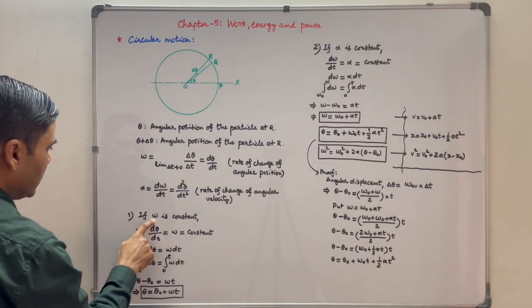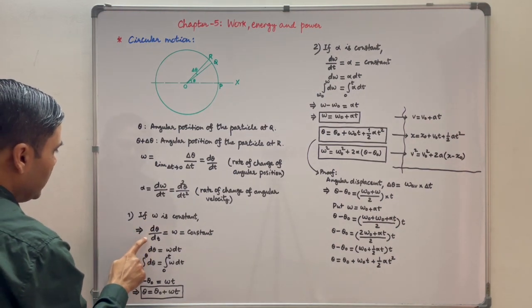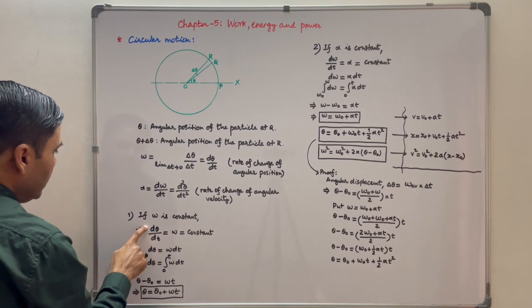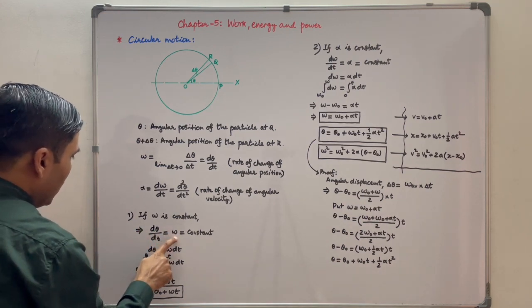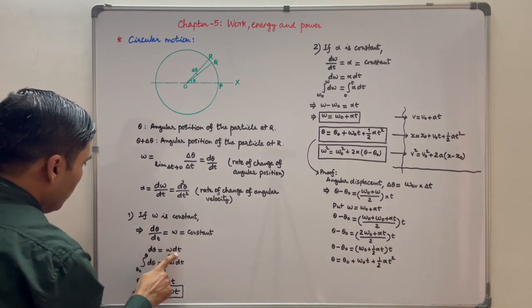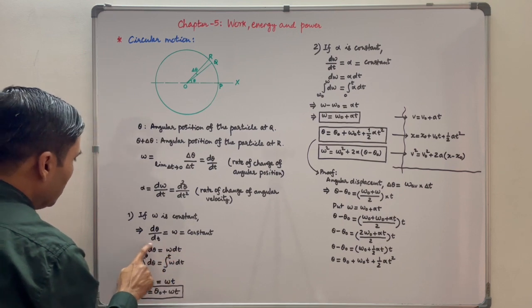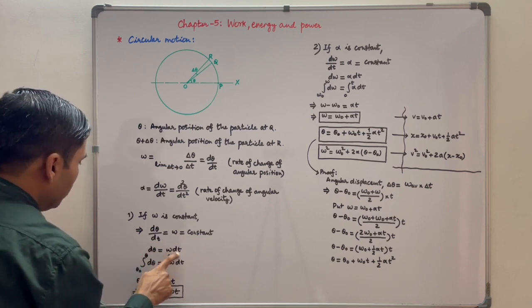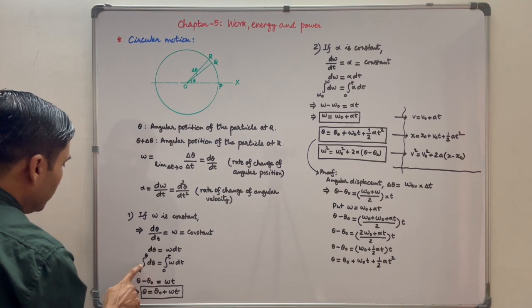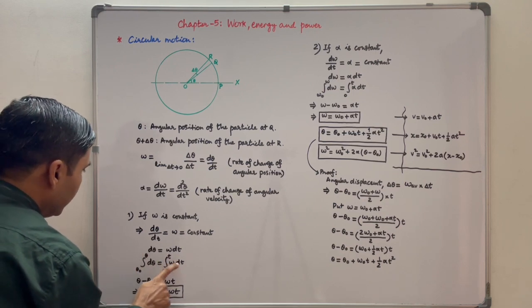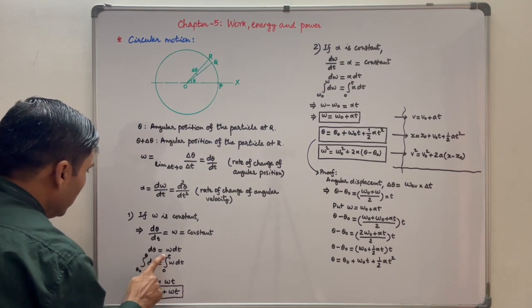Suppose omega is constant. That means d theta upon dt is constant. D theta upon dt is equal to omega, or d theta is equal to omega dt. Let us integrate both sides of this equation within limits. D theta within the limits theta 0 to theta and dt within the limits 0 to t.